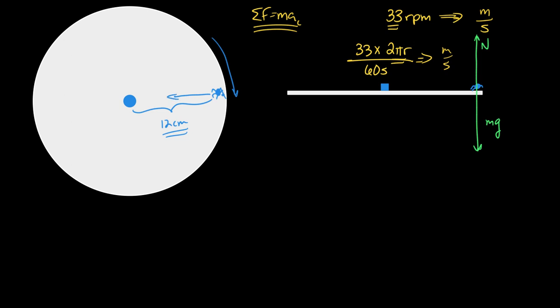It's going to have to be. What force is that? It's friction. If there isn't a force in that direction, the bug travels on its last straight line path. It slides off the record. So in my free body diagram, those are our forces acting on the bug.